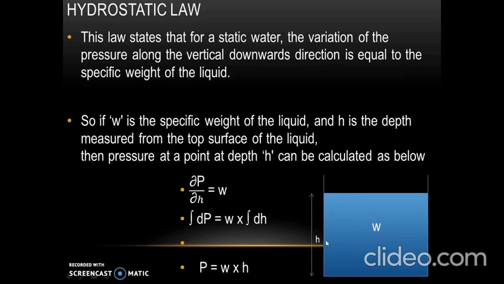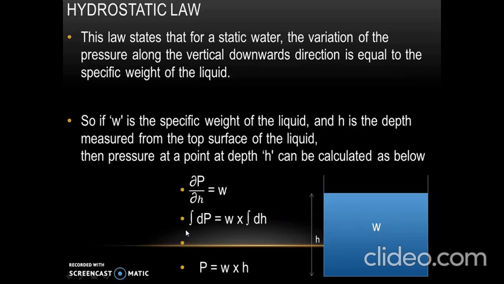And if we want to know pressure at point H, we will make use of hydrostatic law, that is variation of pressure, that is dou P divided by dou H, variation of vertical height, which will be equal to specific weight.